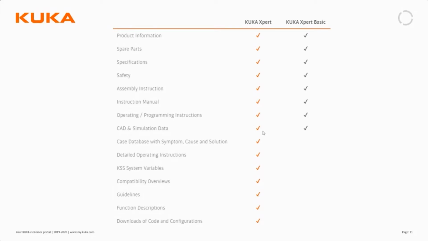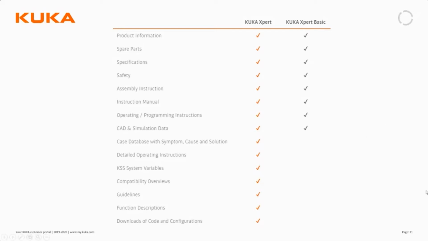And there's quite a lot of finished or prepared downloads of code and configurations for you to use directly in your project. So for 540 euros, you get all this extra, which basically saves you a lot of engineering time, a lot of downtime, and a lot of maintenance time.